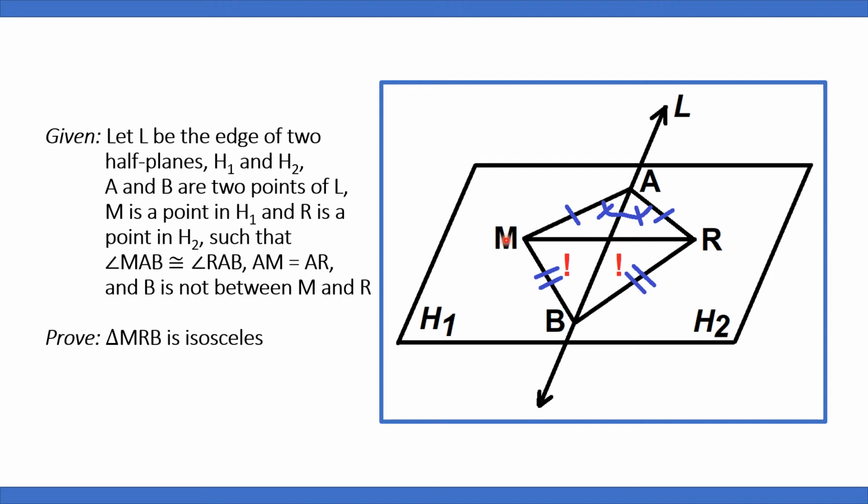Prove that triangle MRB is isosceles. So for us to prove that triangle MRB is isosceles, we need to prove first that MB is equal to RB.